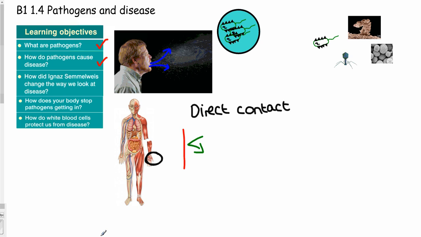However, if you are unlucky like this chap is here, he has just got a large cut on his arm, the pathogens will be able to breach the skin and potentially cause infection. So that's the first way that we protect ourselves from pathogens.